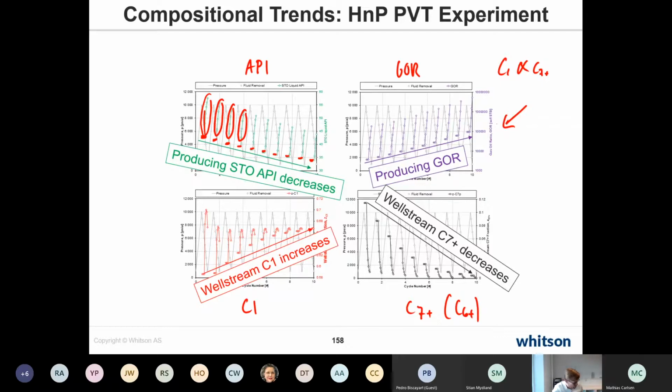This is called compositional tracking, which is the topic of the two papers that we presented at URTEC 2019 and 2020, interesting topics where you can definitely evaluate whether you're having a true mixing process or not.